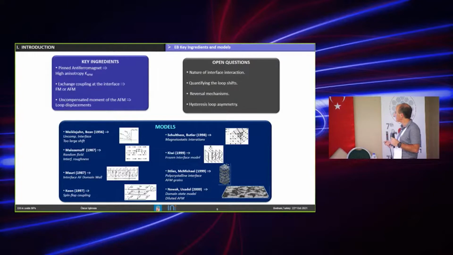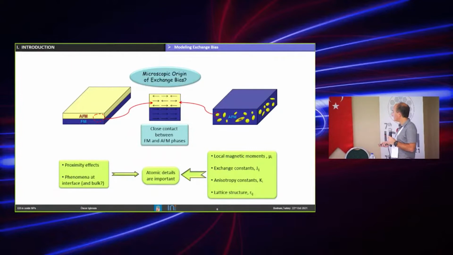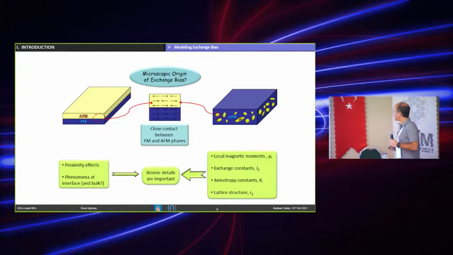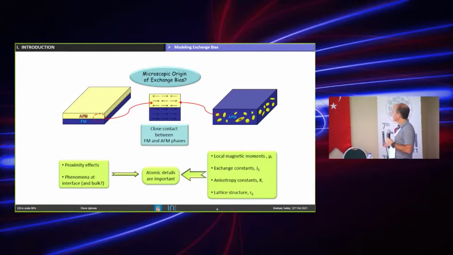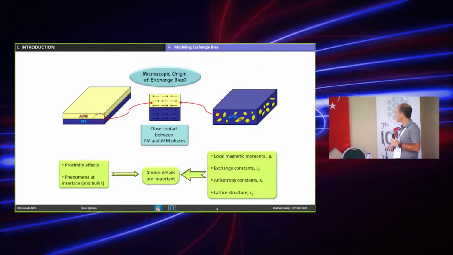And the open questions in the field are what the nature of the interface interaction is, how we can quantify the loop shifts, which are the reversal mechanisms, or the reason for the loop asymmetries present in the sample. So the microscopic origin of exchange bias is well characterized in some systems, but it's still an open question. In any case, thin film or nanoparticle embedded in a matrix, it is due to the close contact between the ferromagnetic part and some other antiferromagnetic phase.